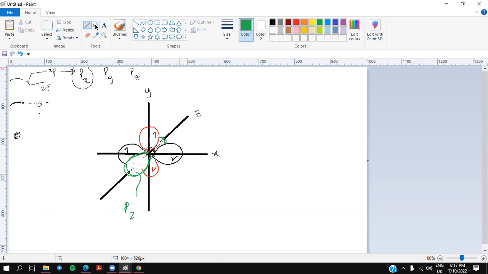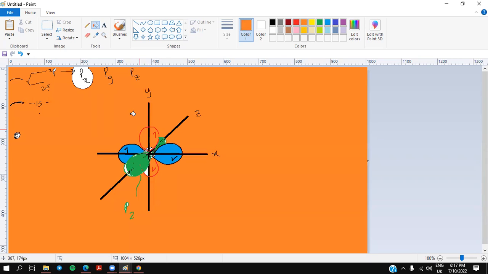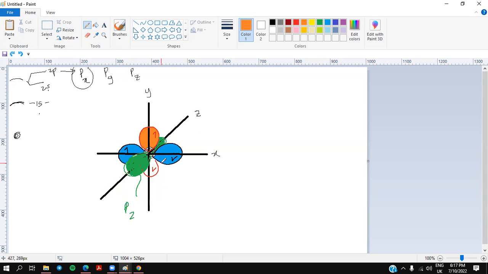So this is called Pz. This is another orbital. Okay. Is it understood now?